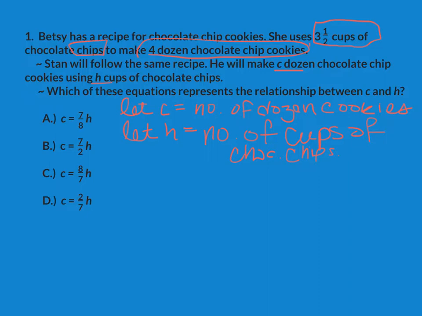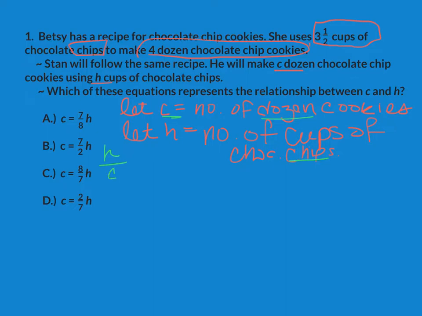Okay, so the next thing, we want to set up that ratio. I would say the best thing probably is we want it per dozen, since that is the easiest thing to understand. So what I mean by that is that we have H, the number of cups of chips, per dozen.